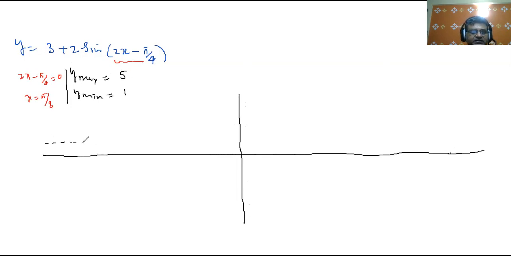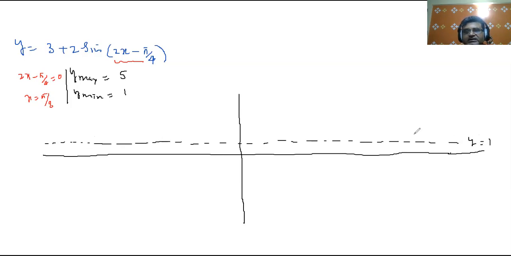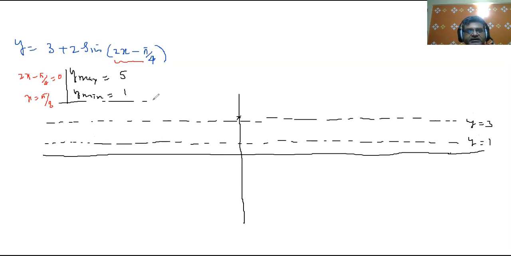So we are drawing these two lines. So y is equal to 1. We'll take a base. This will be the baseline. y is equal to 3. And this will be pi.